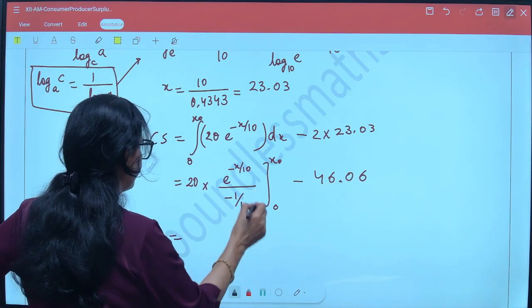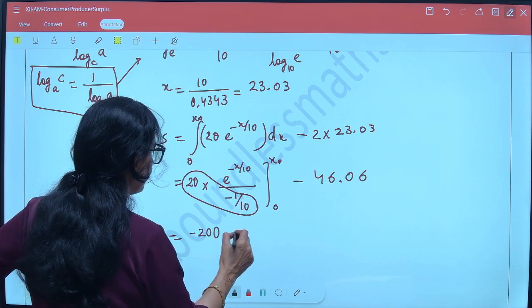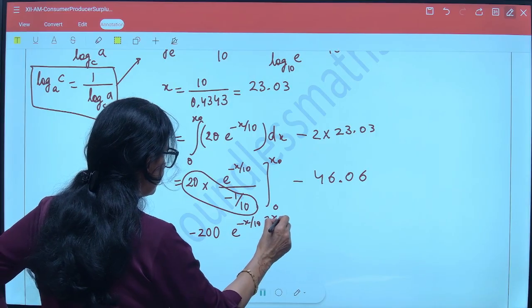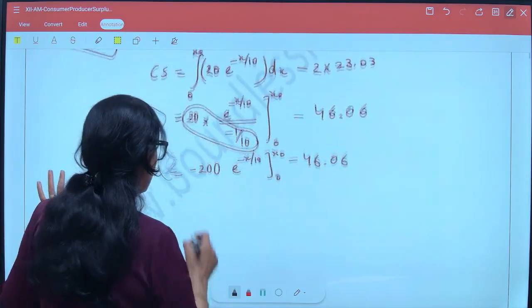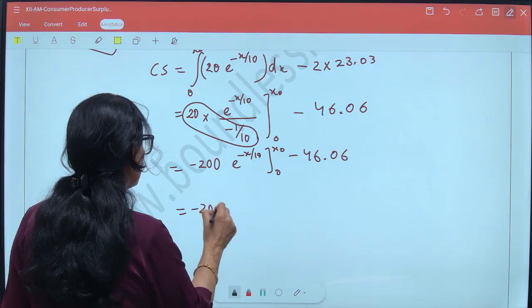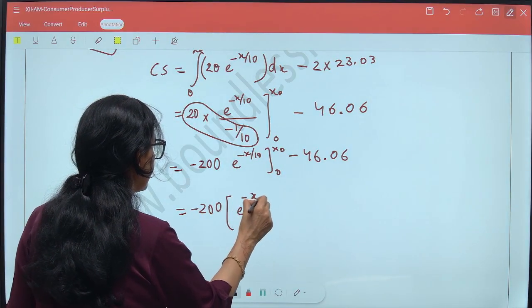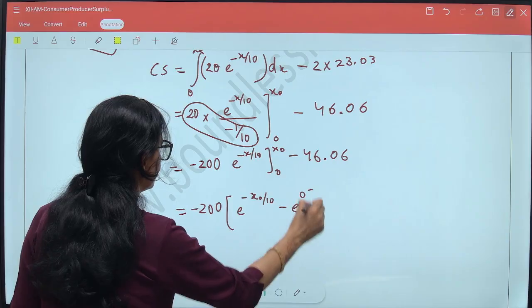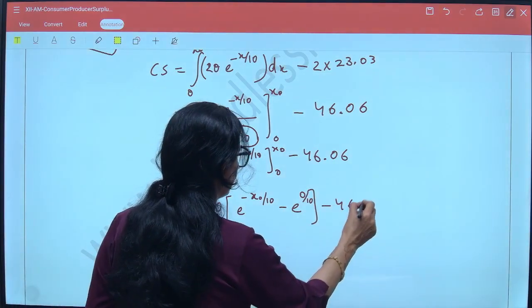Now keep the constant aside, it becomes minus 200 e raised to power minus x by 10 and the limits are 0 to x naught minus 46.06. Put the values, it is minus 200 e raised to power minus x naught by 10 minus e raised to power 0 by 10 minus 46.06.